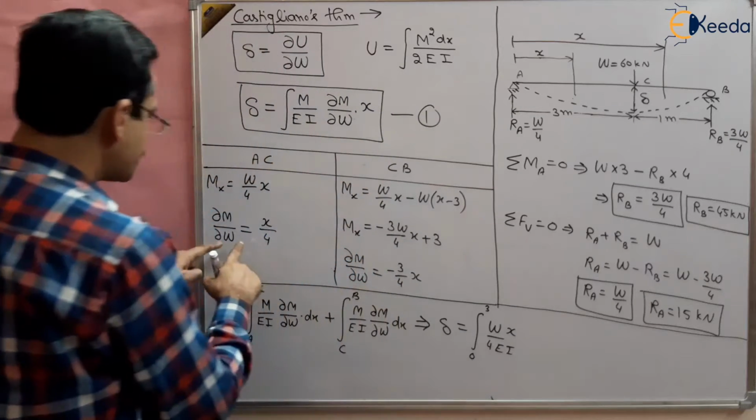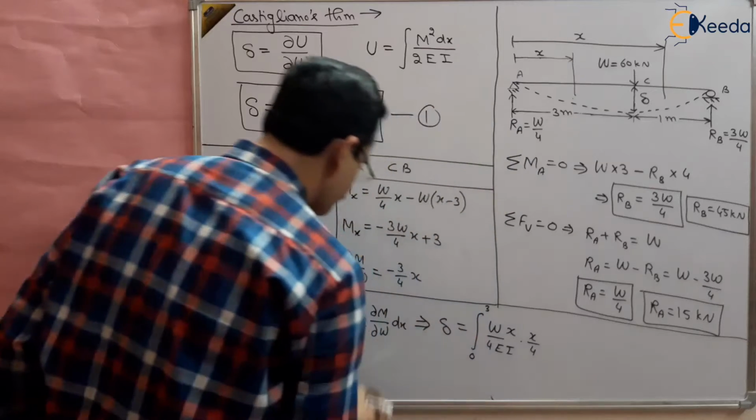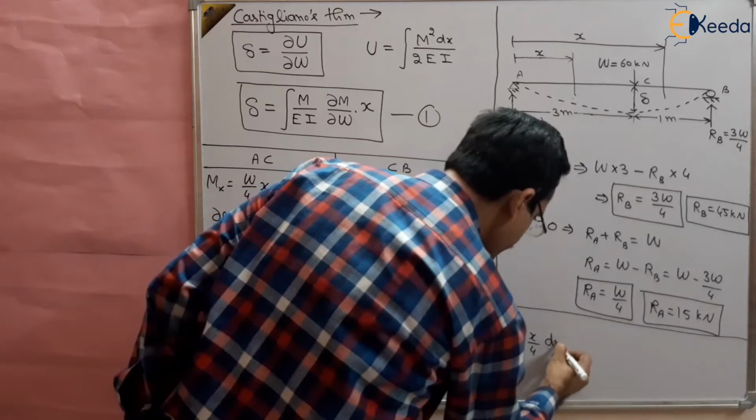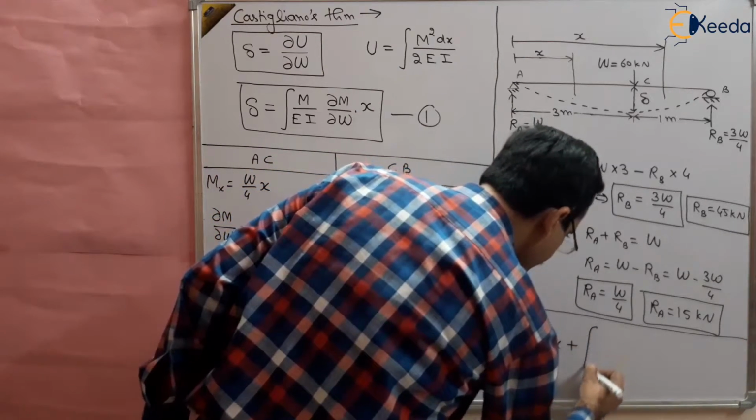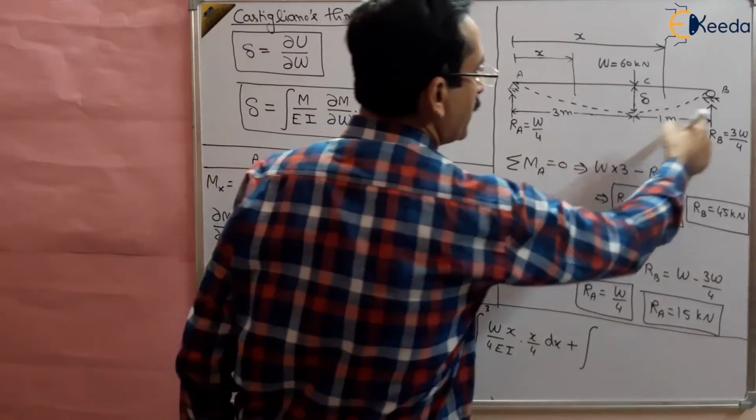∂M/∂W is known to us, that is x/4, dx, plus from C to B. C point is at 3 meter, B point is at 4 meter.